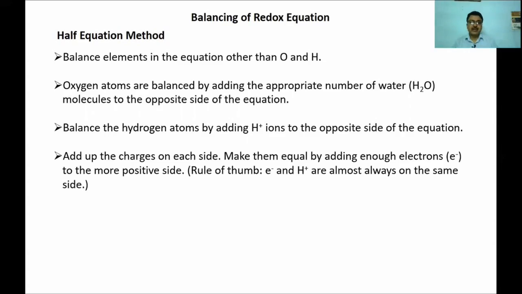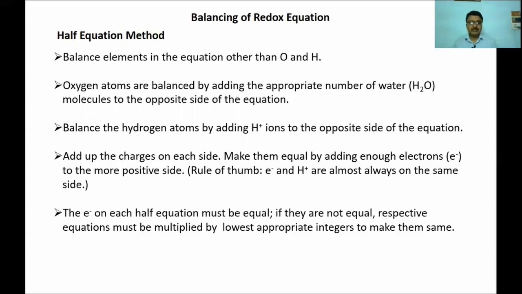Number four, add up the charges on each side and make them equal by adding electrons on the more positive side, so that charges on the left hand side and right hand side become equal. Number five, electrons in each half equation must be equal.